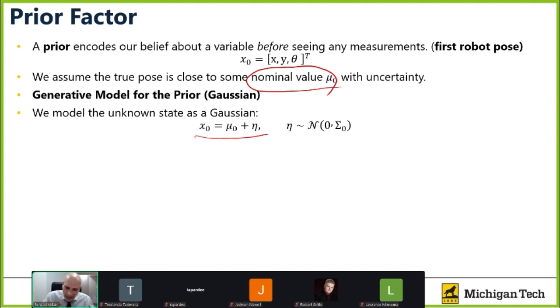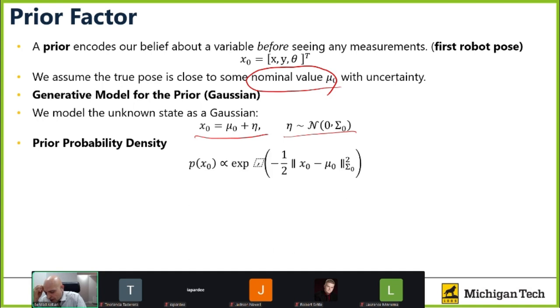So the first state needs to be mu0, for example. So it means they are equal with a little noise. We always consider a little uncertainty. So that's the model that we consider for the prior. So easily we can make it an exponential family. Why do we make it an exponential family? Maybe I ask you why we are just making it an exponential family.